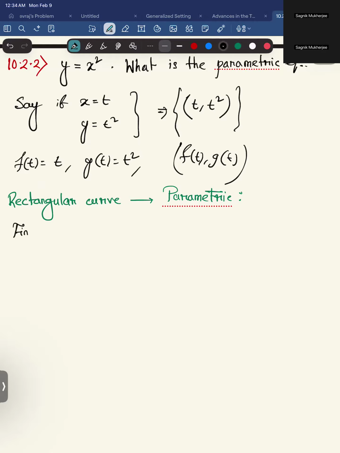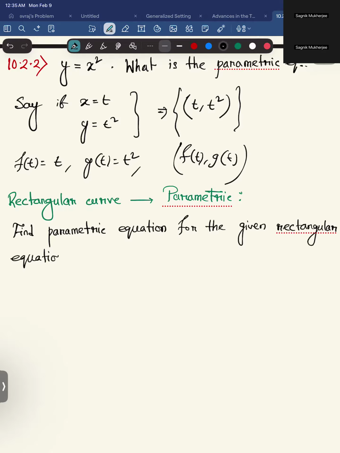Find parametric equation for the given rectangular equation using parameter t.